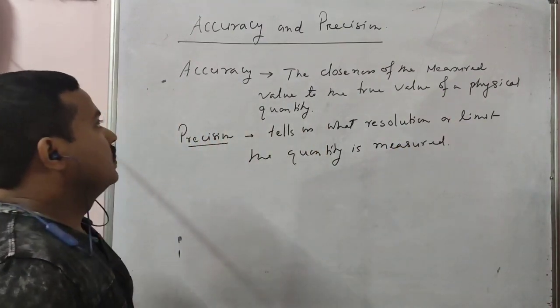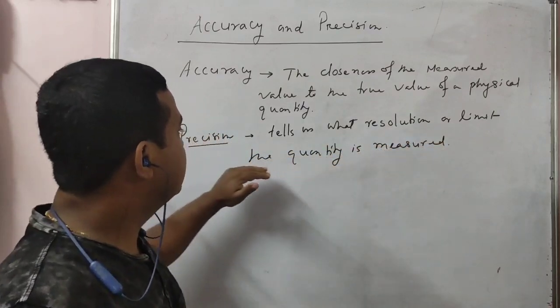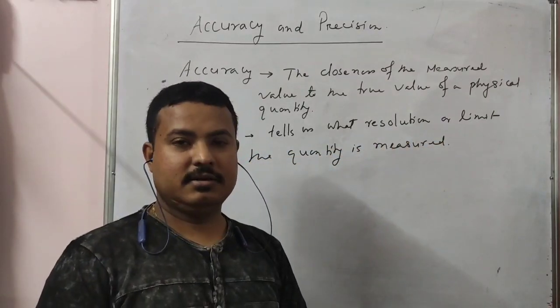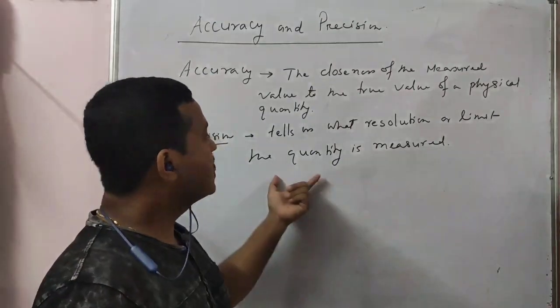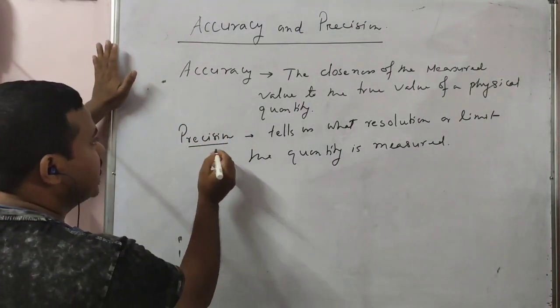Okay, so it tells up to what resolution or limit the quantity is measured. Basically, it gives the idea about least count. So let me take one example, then to be more clear.